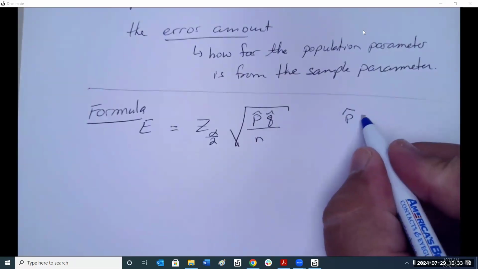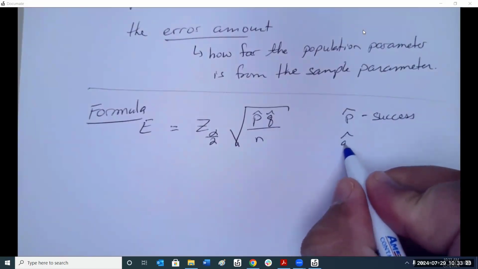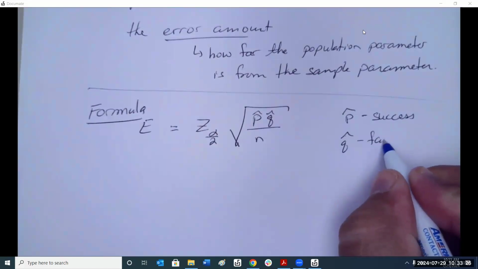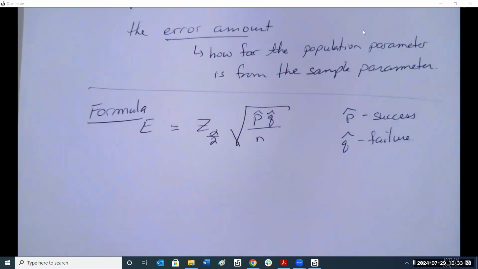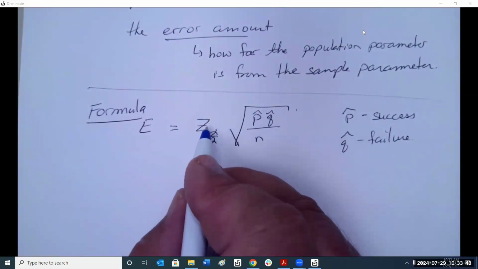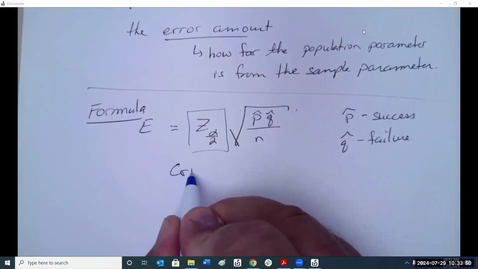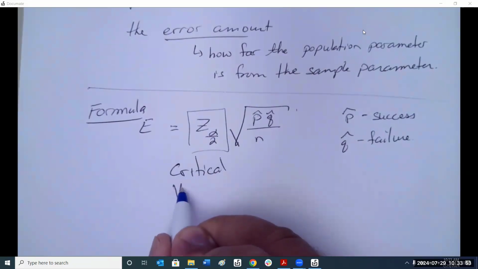Parameter of success and failure. So what does this number represent? Which we just found in this chart. It's our critical value.